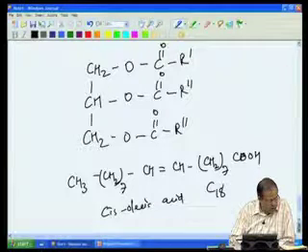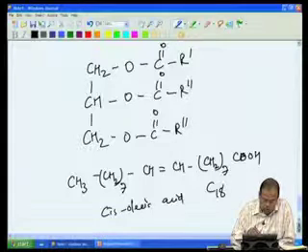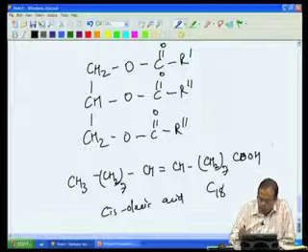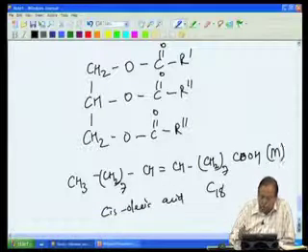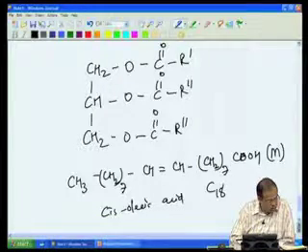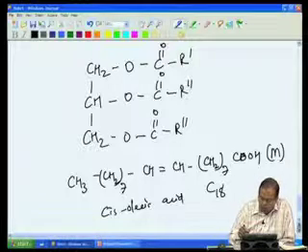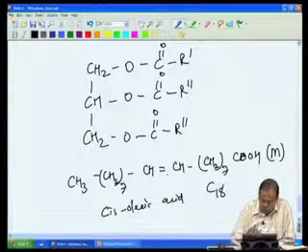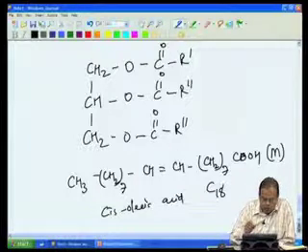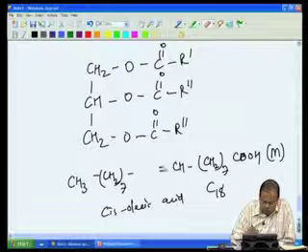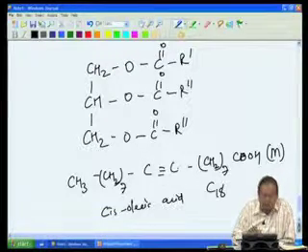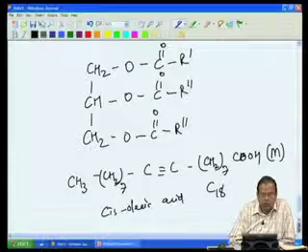For example, we could have a single double bond, what we call a mono unsaturated acid, or a triple bond, which is a linoleic acid. So, I will just rub out this and say di-unsaturated fatty acids and so on.